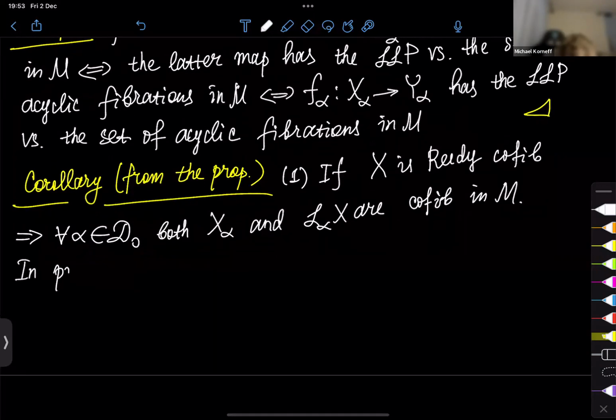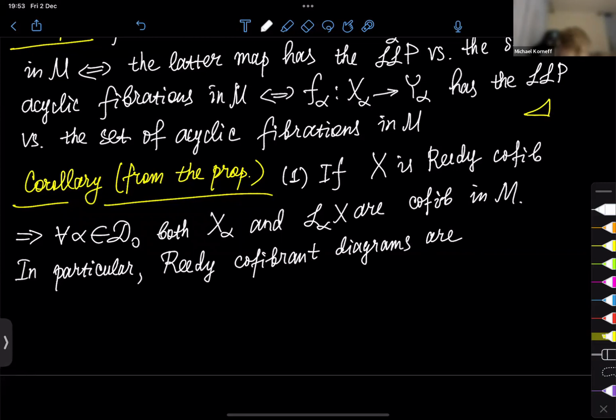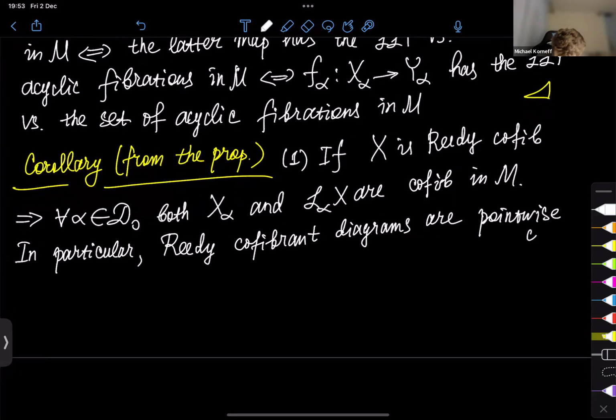In particular, Reedy cofibrant diagrams are pointwise cofibrant.